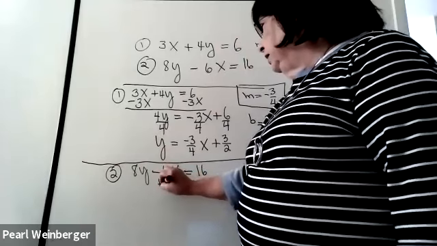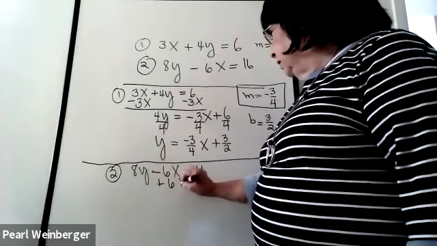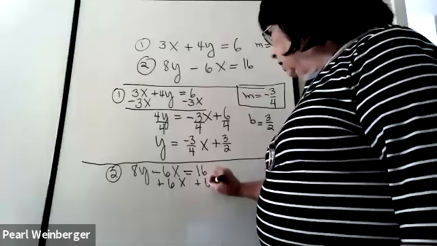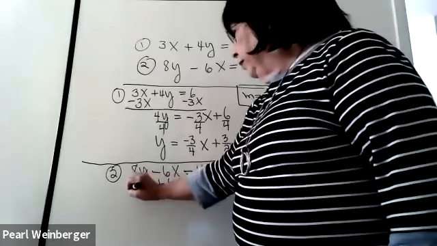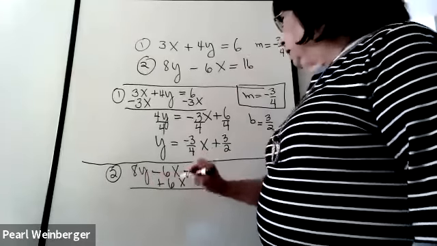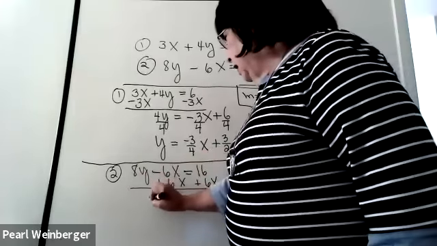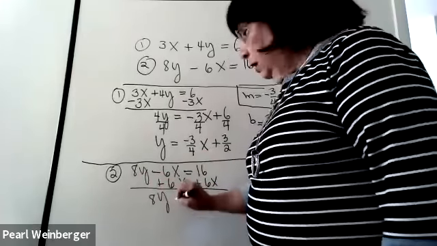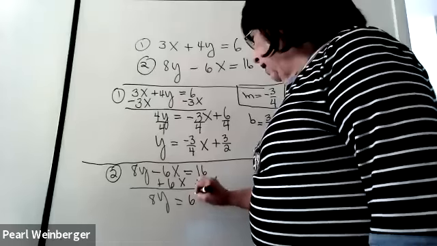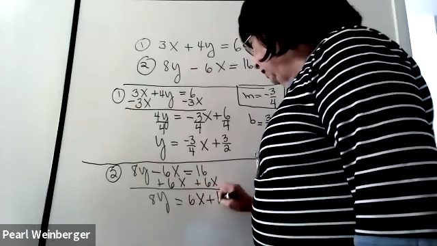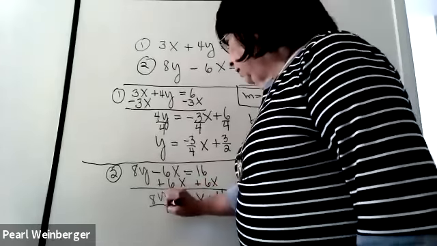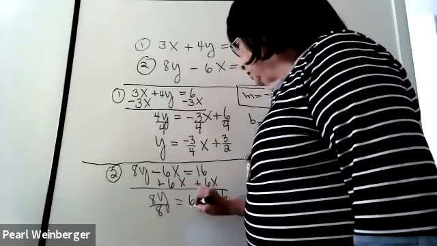So I'm going to do plus 6x to both sides. So this gives me 8y equals 6x plus 16. And I'm going to divide everything by 8.